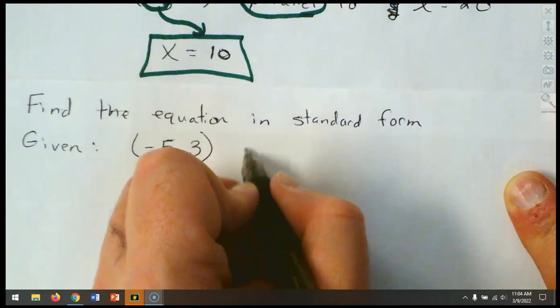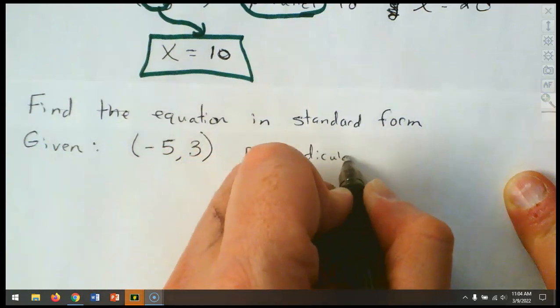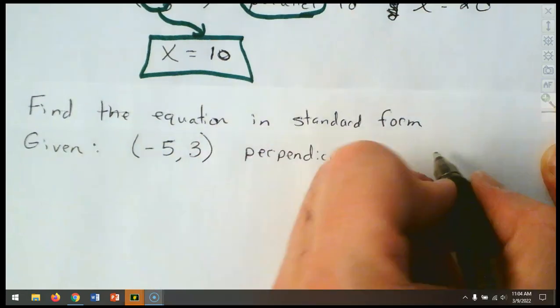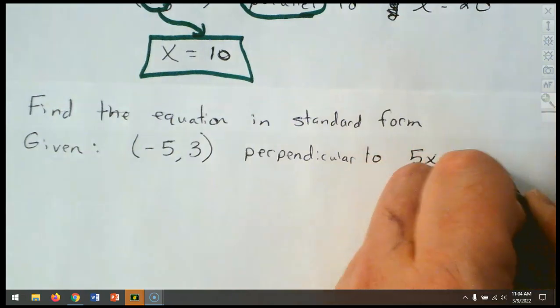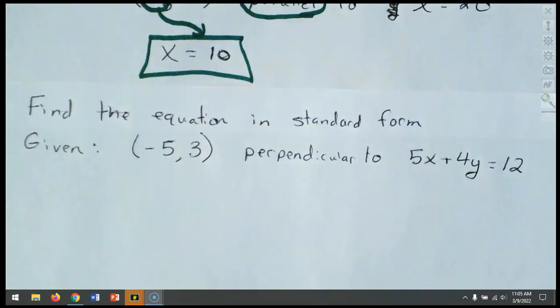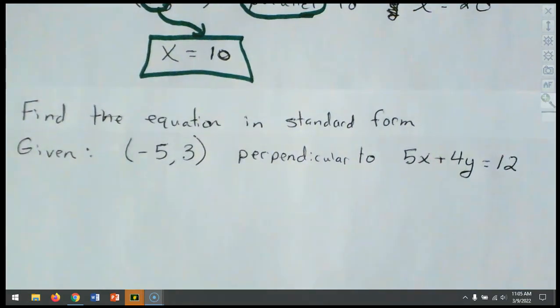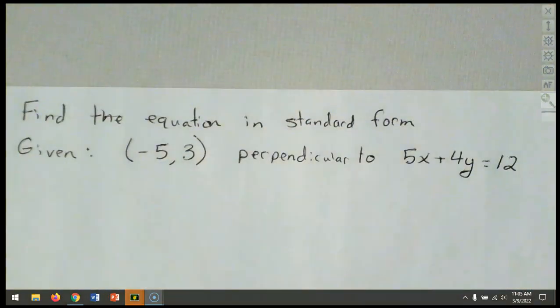And I want it to be perpendicular to 5x + 4y = 12. I picked this one because it's going to make you work with the fractions, flip things over, switch the signs around. So, what do we do first?